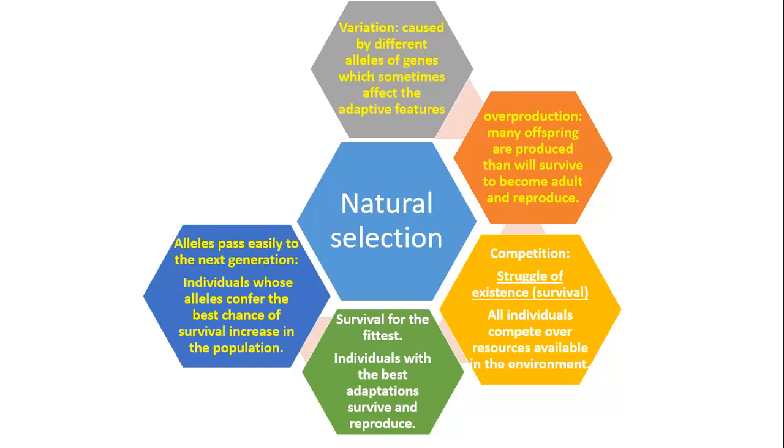So, who will survive then after this competition? Survival of the fittest. The individuals with the best adaptive features, with the best alleles, will survive accordingly. They are the ones that will be able to grow old enough to mate and they will pass their alleles to the next generation. So these are the characteristics of the natural selection theory, and also these are the steps of the natural selection theory.